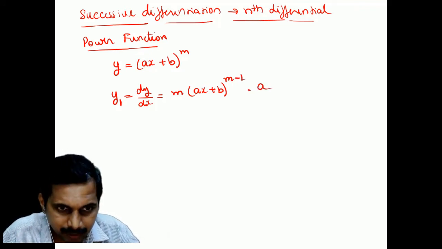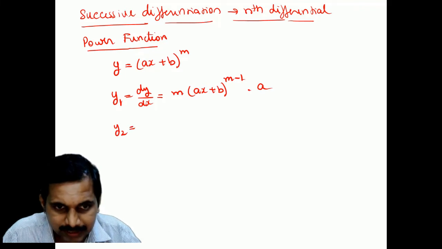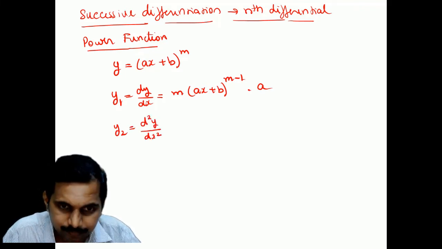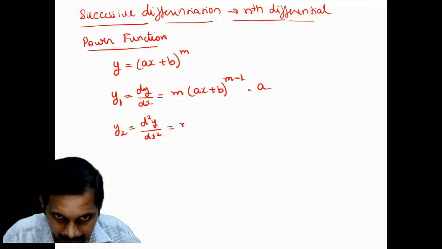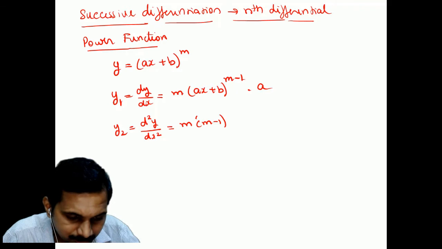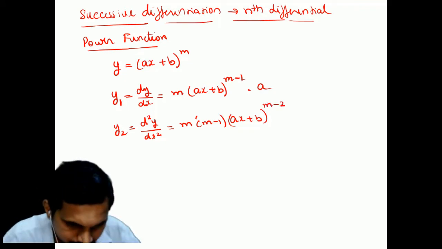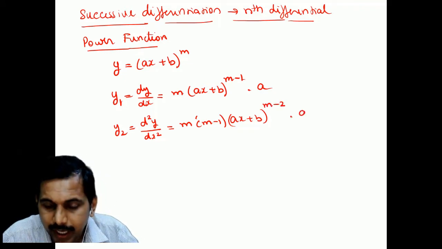Similarly, y2 is d square y by dx square, which is m into m minus 1 into ax plus b raised to m minus 2 into a square.